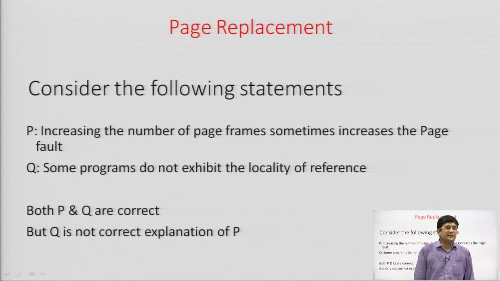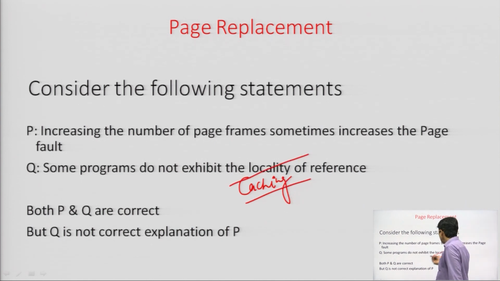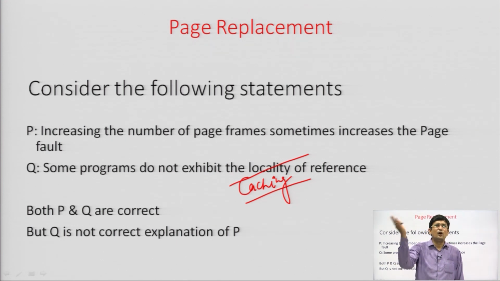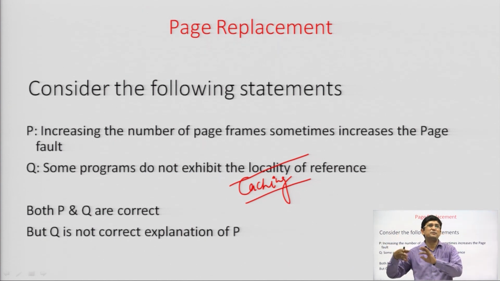We will see in the next lecture that in the FIFO algorithm, when we increase the number of frames, the page faults increase. The Q says that some programs do not exhibit the locality of reference. It means we are actually referring to the concept of caching. There may be some programs with frequent calls from one function to another, and then to another, so obviously they will be lying in different portions of the memory.